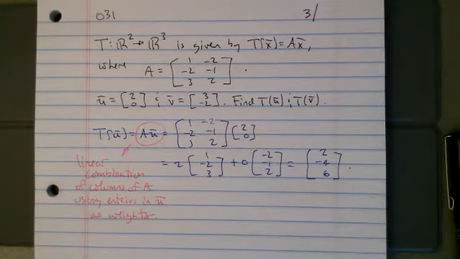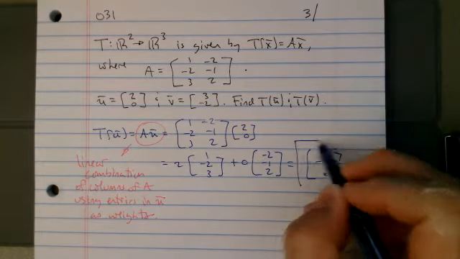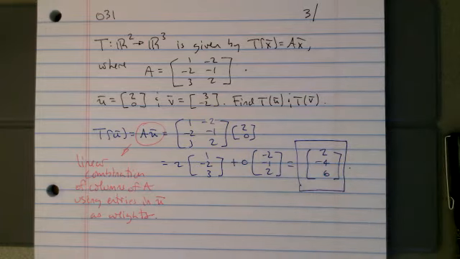So just do matrix multiplication to find the image. Plug the vector into the function, find the image. And this would be the answer. Any questions?